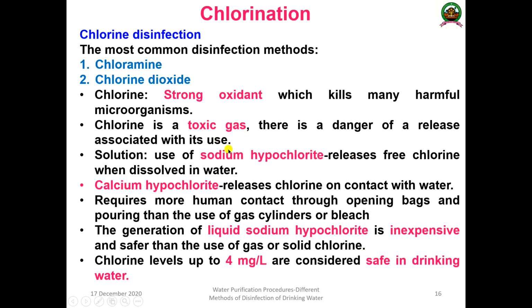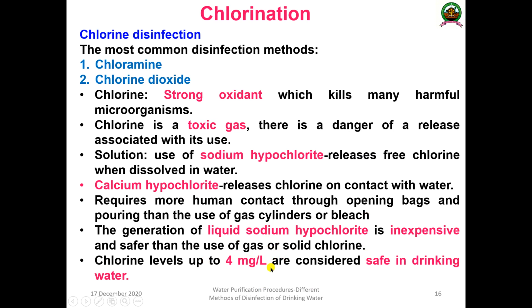Sodium hypochlorite is safer than calcium hypochlorite because it is liquid in form and the other is solid. But when you use the solid, human contact will happen by opening the bags and pouring. Then the chlorine level estimated by WHO for safe drinking water is 4 milligrams per liter.